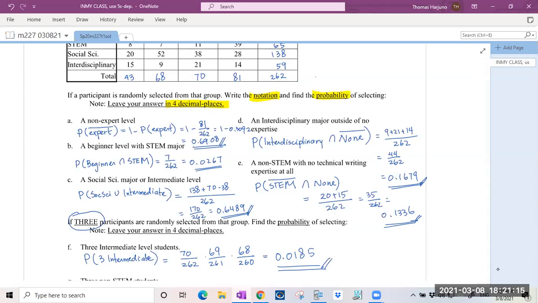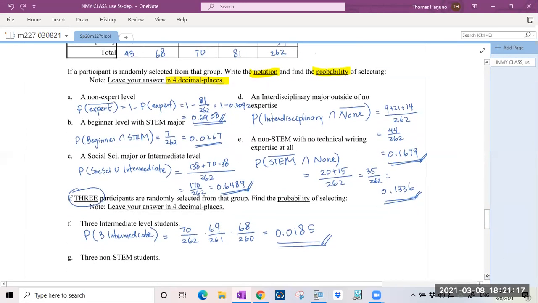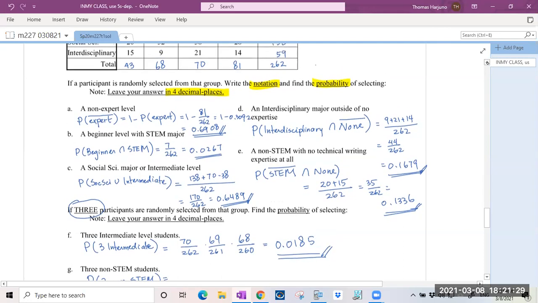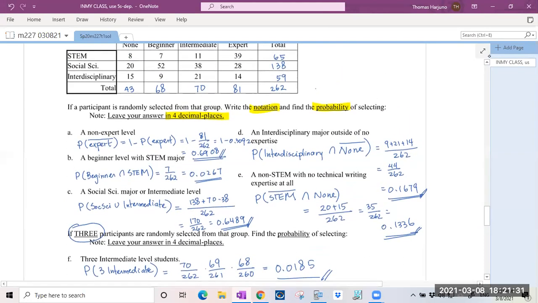Okay, now part G, probability 3 outside of STEM. So all of them not in STEM. Now, how many people not in STEM? The number of elements not in STEM is 138 plus 59, right?